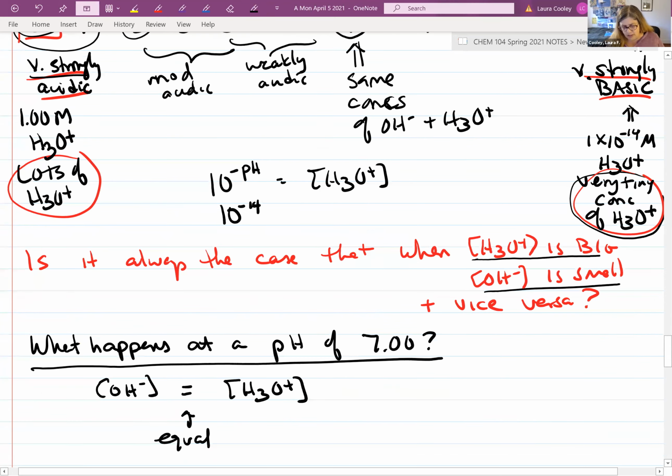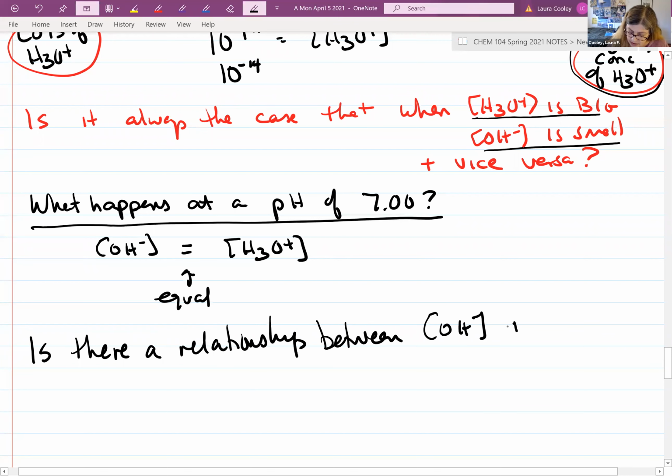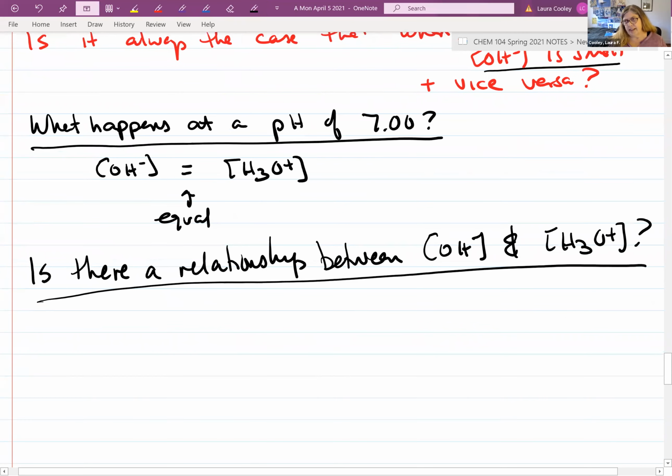So you might wonder, is there a relationship between the OH minus concentration and the H3O plus concentration? And the answer is yes, there is a relationship.